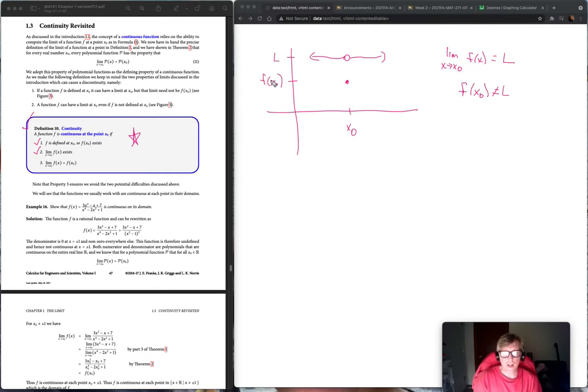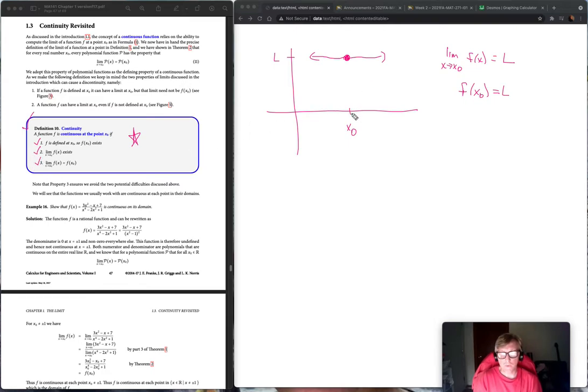So what happens is, if we remove this discontinuity and f of x sub 0 is equal to L, then guess what happens? We can say that our function is continuous, right?